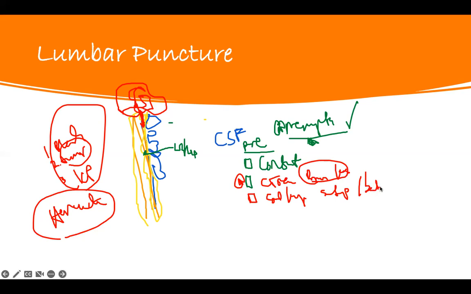Either they lay on their side in the fetal position like a baby, so that their back will be bent, or they sit up and bend forward. So that's the position. They should empty their bladder so that they don't have to go, because they're going to lay flat for a couple of hours after the procedure, and they don't have to go during the procedure. So empty bladder.